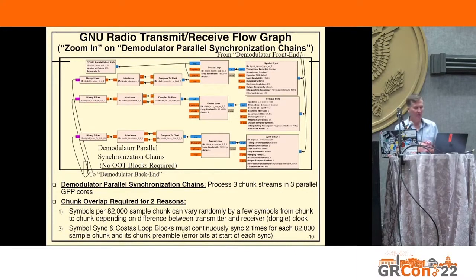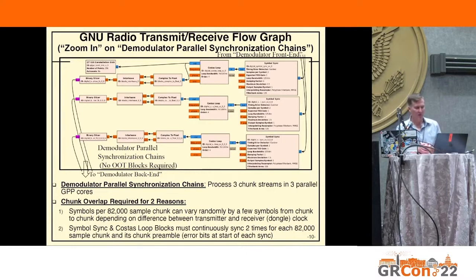So the overlap, the reason for it here is that the symbols per every 82,000 chunk of samples could be a few symbols different for every 82,000 samples. Maybe two samples per bit or per symbol, 41,000, but you might get 41,001 or 39,999 for another as it flows through the system.